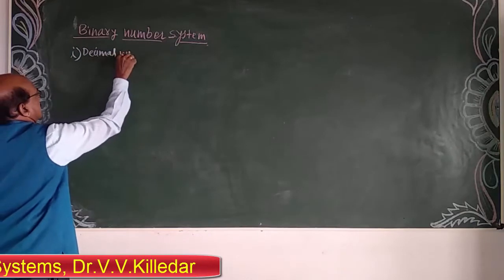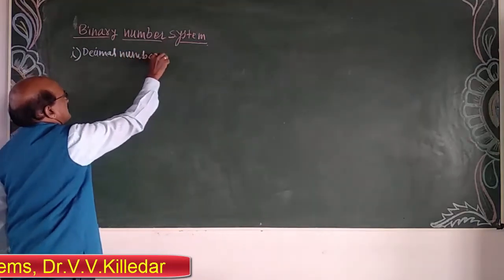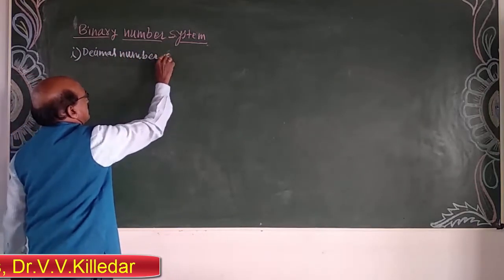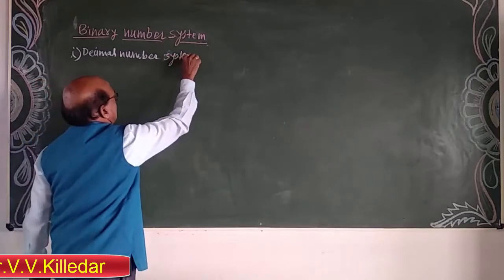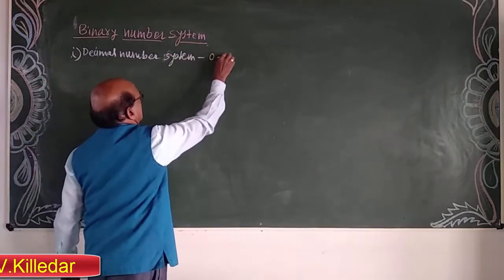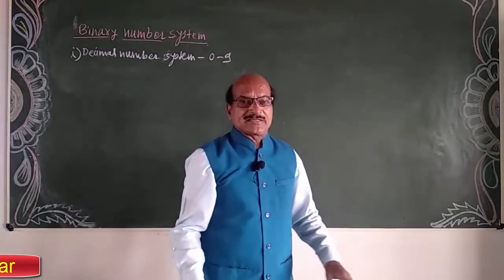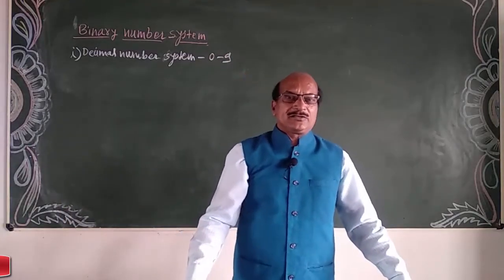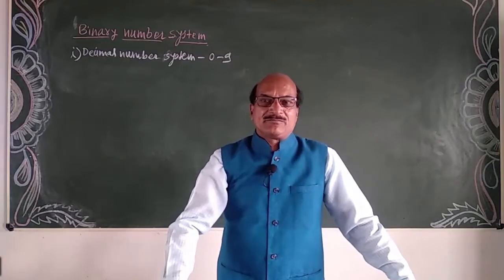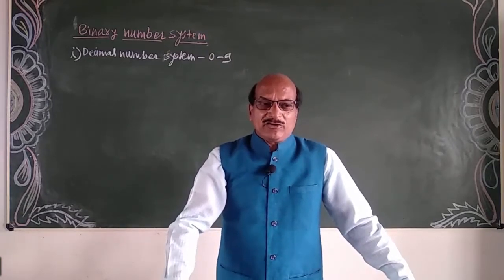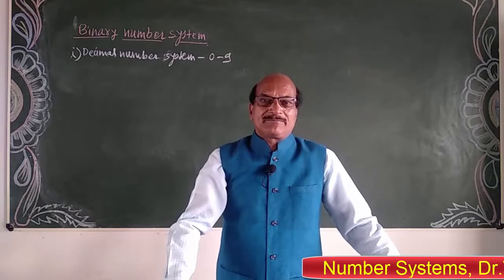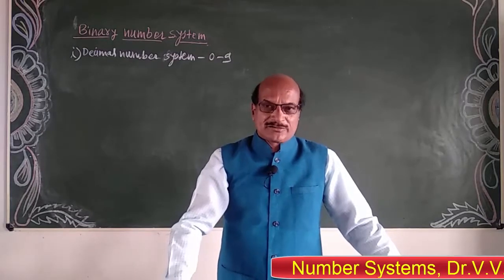In this number system, we are using 10 symbols, 0 through 9. So, any number in this number system is a group of these 10 symbols. You cannot use any other symbol different than these 10 symbols.